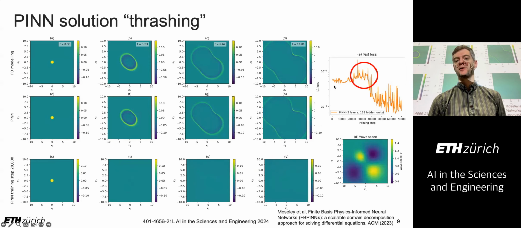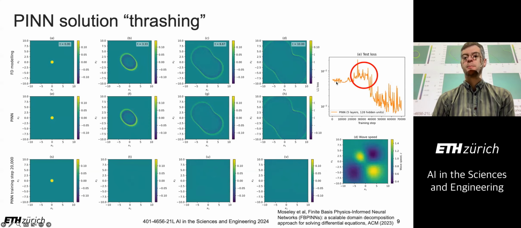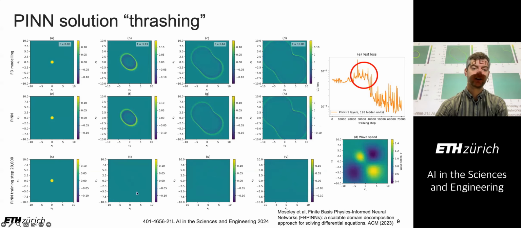But if you look at the convergence curve, the L1 test loss as a function of the training step, the PINN exhibits this thrashing behavior, where only after maybe halfway through training does it actually start to converge to the solution. And if I plot the PINN solution at training step 20,000, somewhere around here, you can see that the PINN has only learned the initial condition, and it's put zeros essentially everywhere else in the solution.